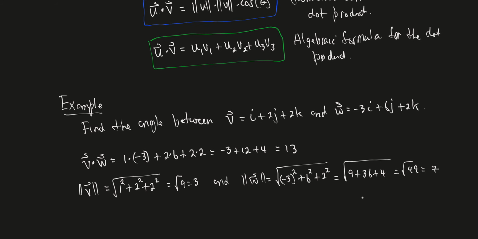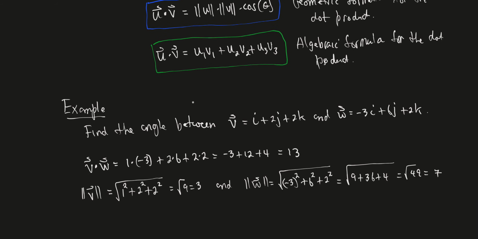Now that we have the dot product and the two magnitudes, we can use our geometric formula to figure out theta. Therefore, the dot product, which is 13, is equal to the magnitude of v, which is 3, times the magnitude of w, which is 7, times the cosine of theta, where theta is the angle between these two vectors.